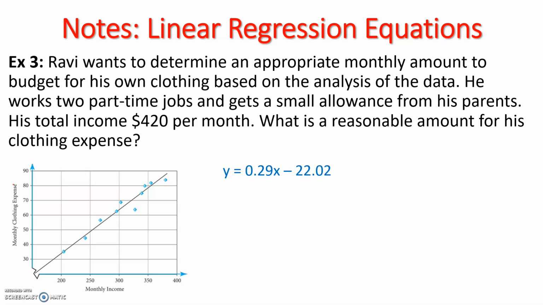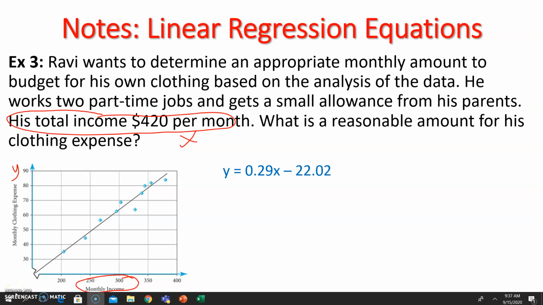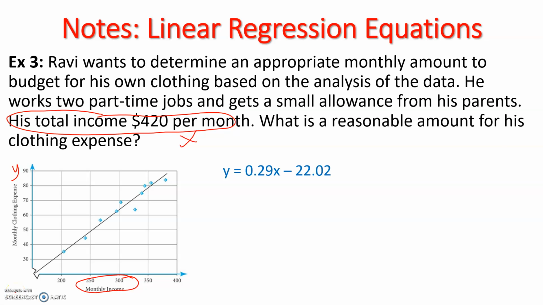Now we need to remember what each variable represents. Remember, y is our monthly clothing expense, and x is the monthly income. In this problem, they tell us his monthly income, so they're telling us x, and they want to know what is a reasonable amount for his clothing expense, which in this case is y.